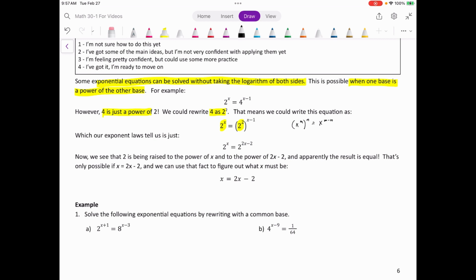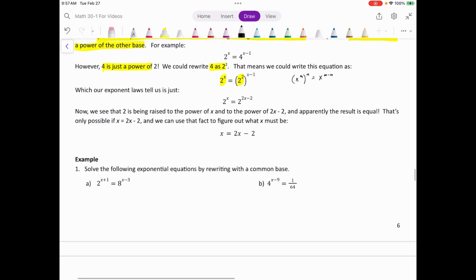Now, look at this. 2 to the power of x is equal to 2 to the power of 2x minus 2. Well then, if that's true, what can we say about x and 2x minus 2? How could we raise 2 to something and then raise 2 to something else and have them be equal? Well, we couldn't. They must be the same thing, right?